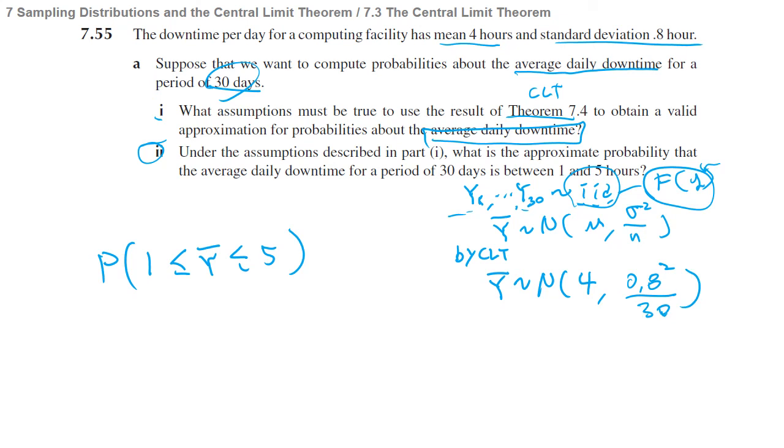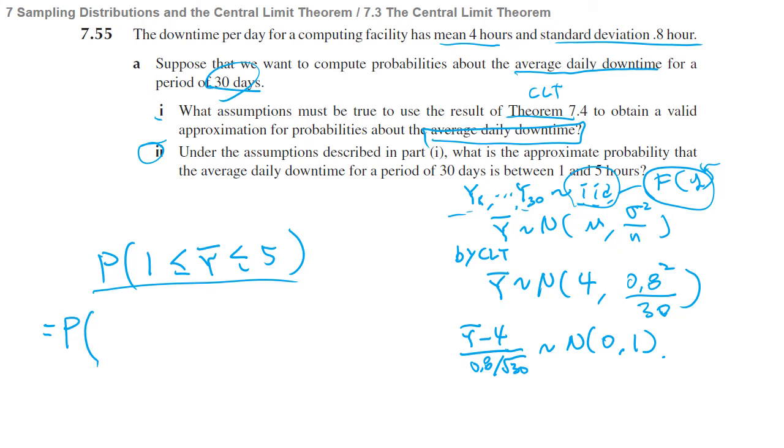Okay, this is what we know, and so y bar minus 4 divided by 0.8 divided by square root of 30 follows normal 0, 1.